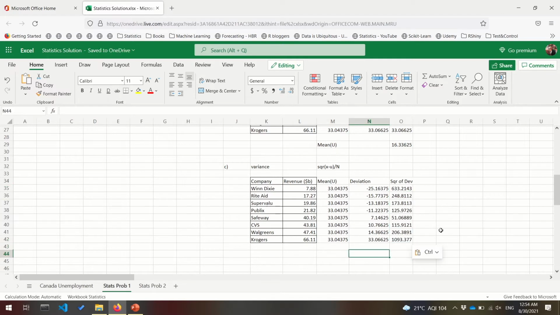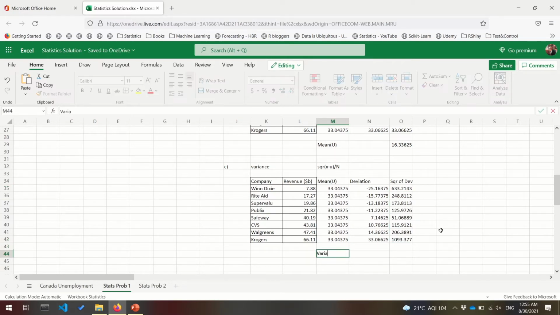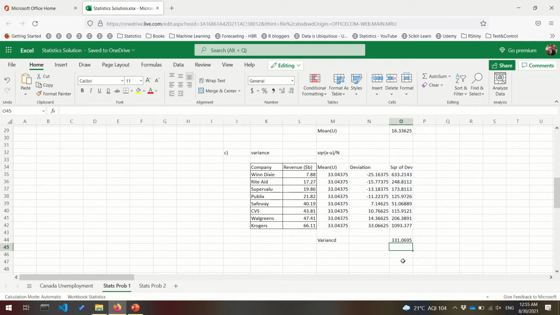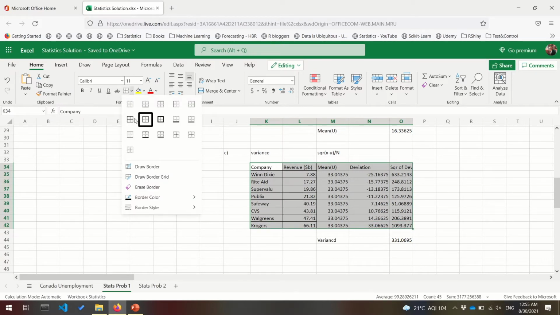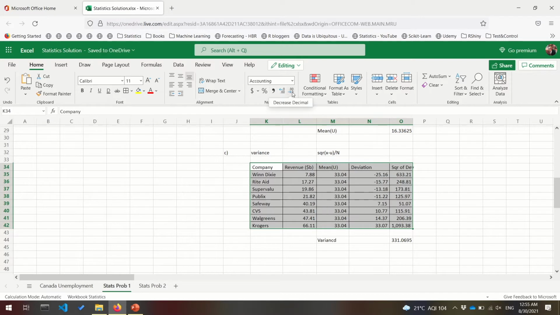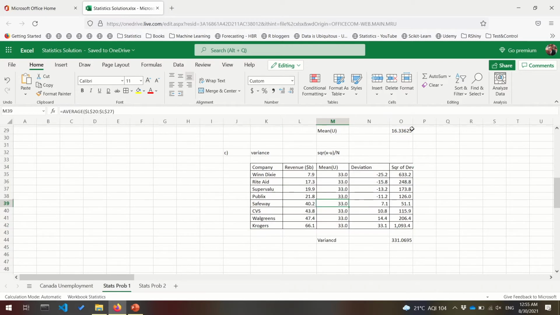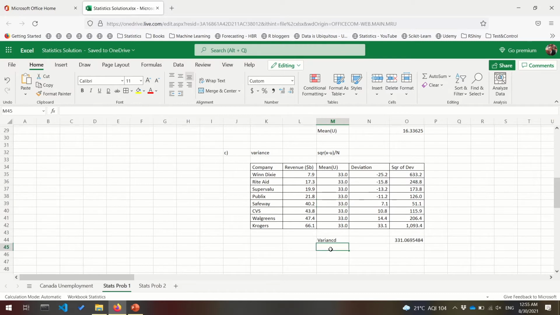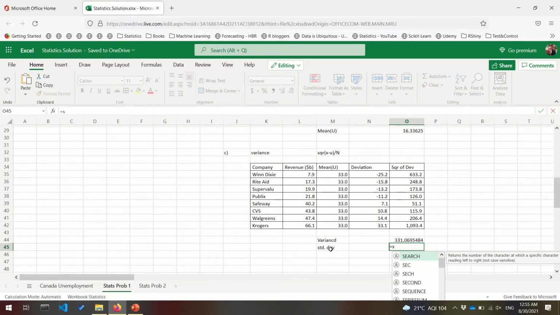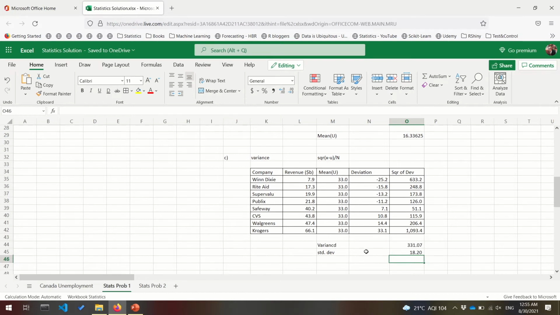The variance will be the entire sum of the squared deviations divided by n, which is 331.06. I'll convert this to decimal places. So this is your variance, and your standard deviation will be the square root of the variance, 18.9.